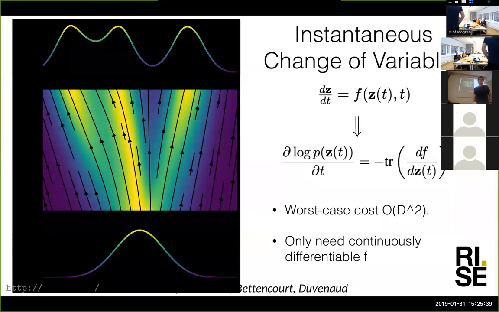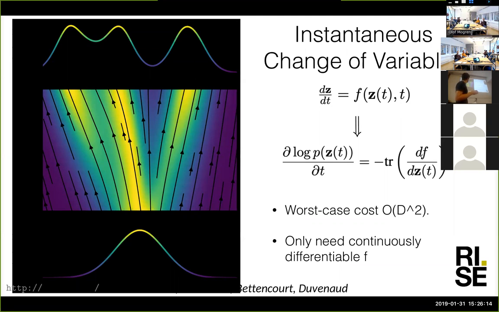Now, a surprising thing that they show with an actual proof in the paper is that when you take continuous infinitesimal steps and the space is continuous, you don't have to compute the determinant anymore, and it suffices to have the trace operation, which is obviously much cheaper and linear to compute.